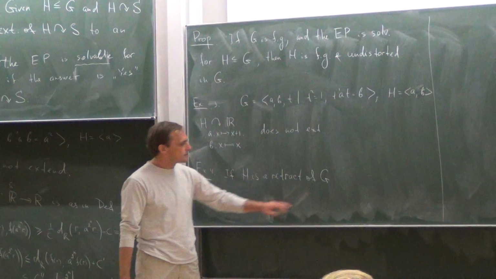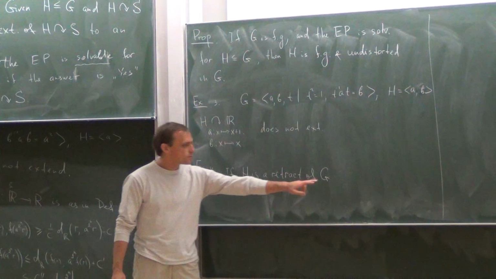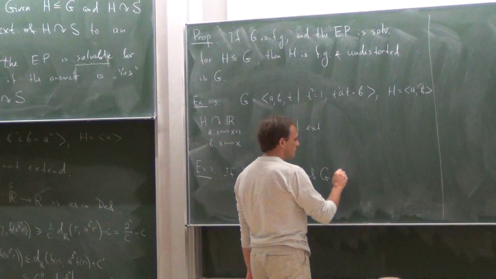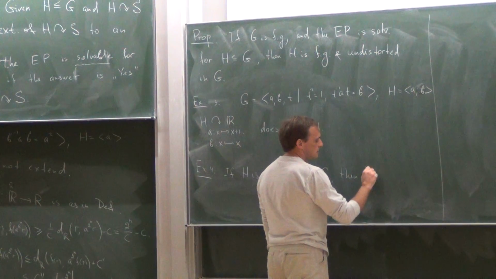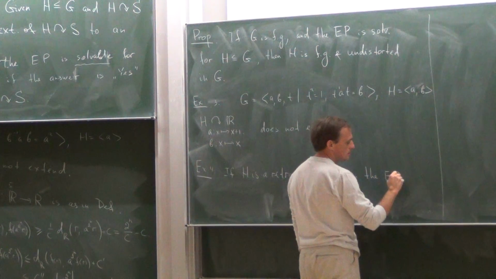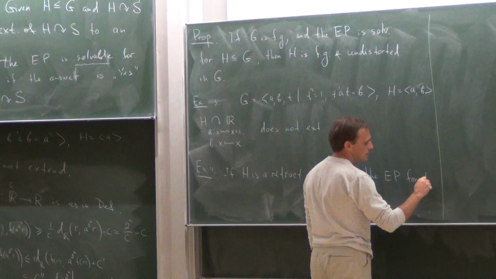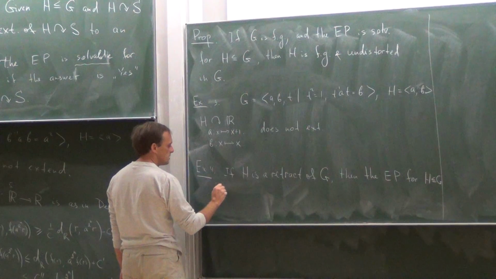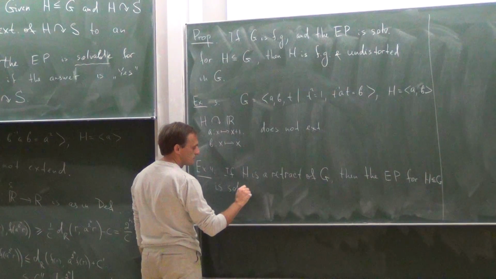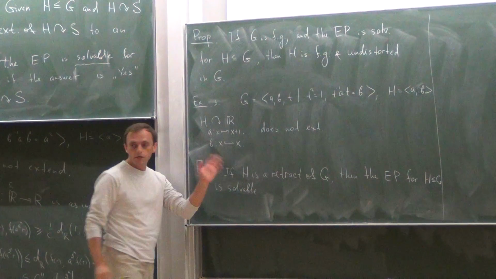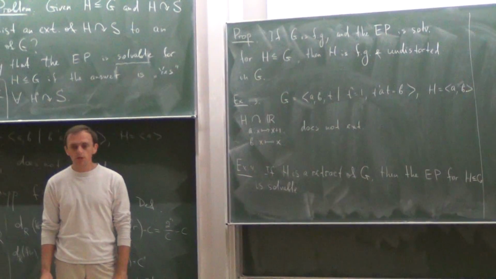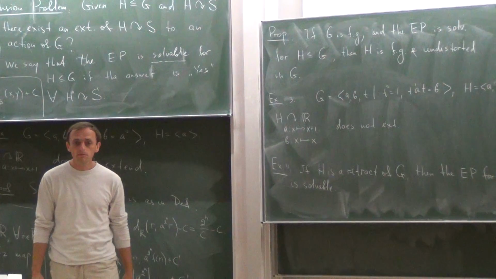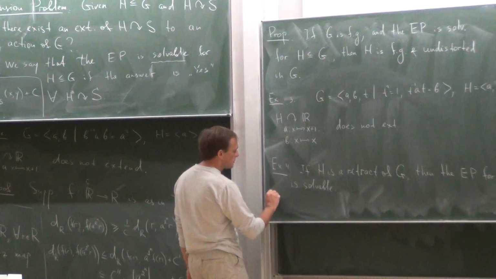So there is a homomorphism from G onto H, which is identical on H. Then the extension problem for H in G is solvable. In particular, H is not necessarily malnormal here because, for example, every direct factor is a retract. Well, the proof is very easy.